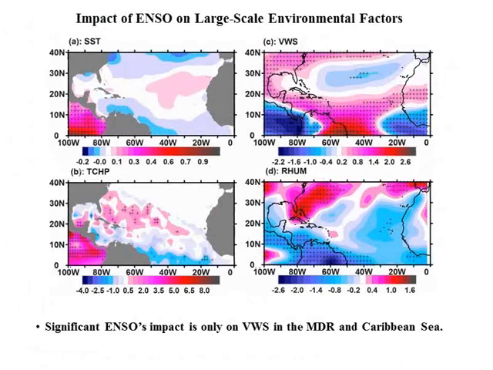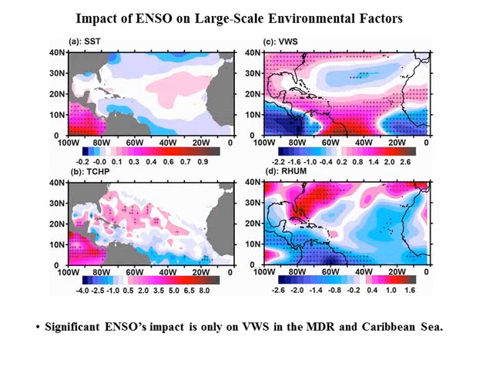Then we move to the climate impact. We just showed that TC heat potential, vertical wind shear, and humidity are important for TC intensification over the tropical MDR region. And here we want to study the climate impact of these large scale ocean atmosphere variables.